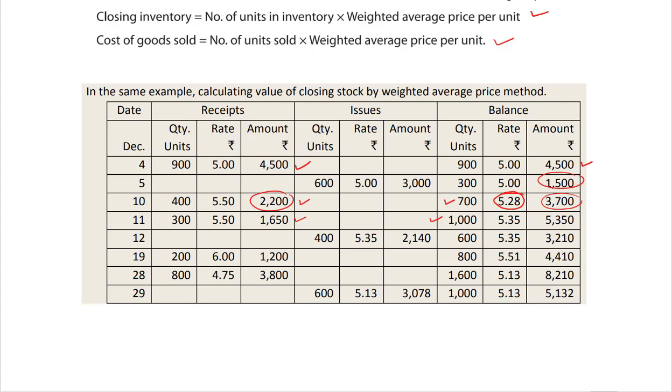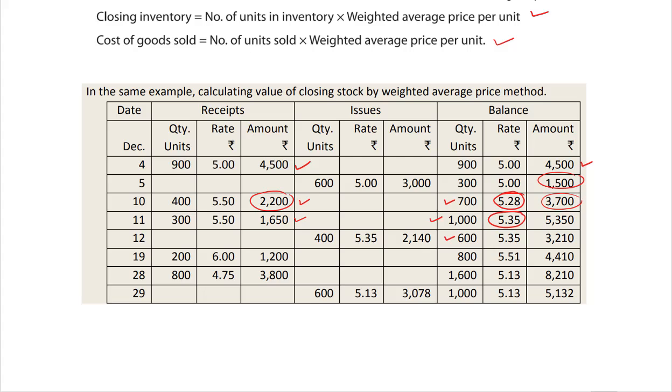If we divide 5350 by 1000, we get the average rate 5.35. Then on 12th of December, we issued 400 units out of 1000. So 1000 minus 400 is 600, at rate 5.35, so 2140.